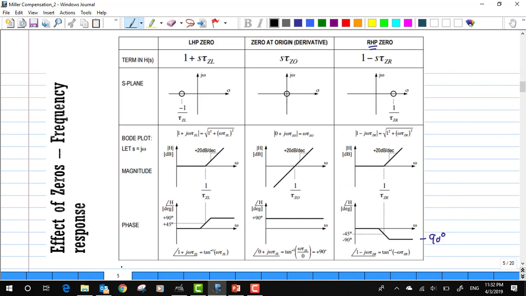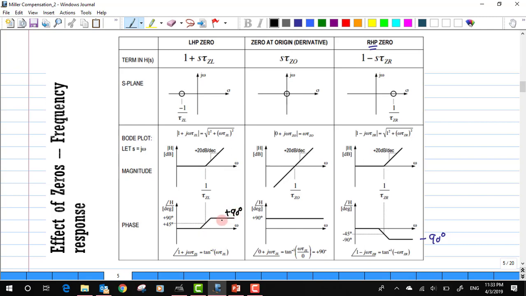So as we can see, when there is a 0 in either the left half of the s plane or at the origin or even at the right half of the s plane, the magnitude of the response generally rises at a rate of plus 20 dB per decade in each of these cases. But when we come back to the phase, when the 0 is on the left half of the s plane or even at the origin, generally the phase induced by these zeros will be plus 90 degree phase shift, okay.